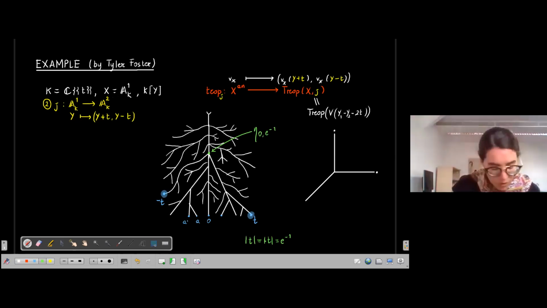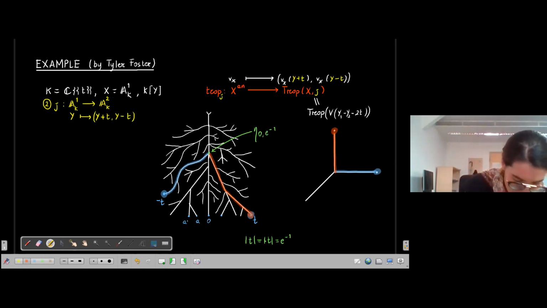And so what you can prove is that the path joining minus t to these points will be sent one-to-one to this part of the tropicalization, while the path from t to this point will be sent to this part of the tropicalization one-to-one. And then now let's use again green.